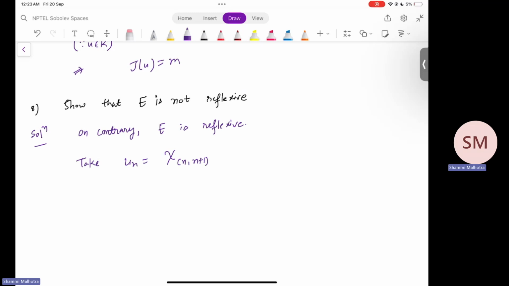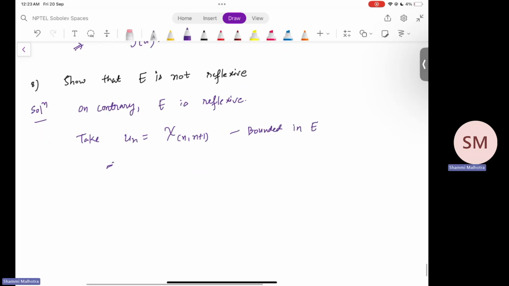So this is a sequence which is bounded in E. One can check directly. So this will imply that unk will converge weakly to u in E. So we'll have a weak convergence.